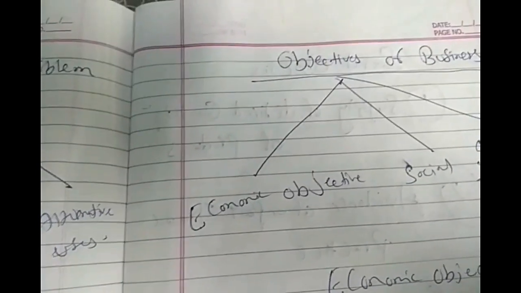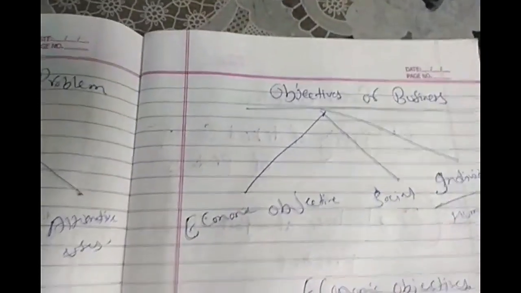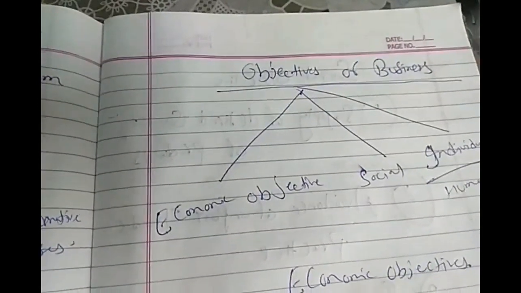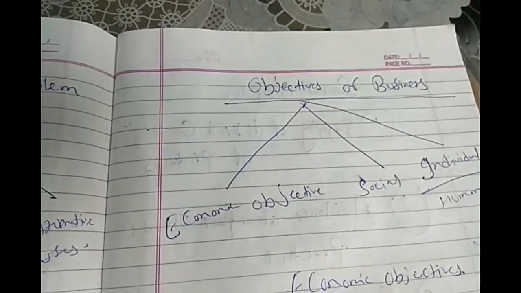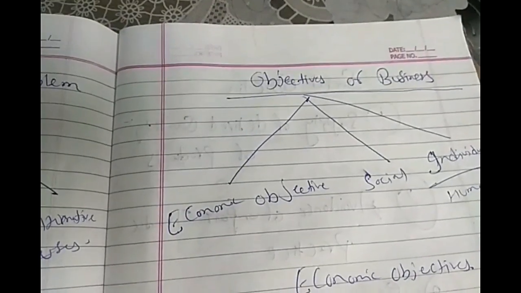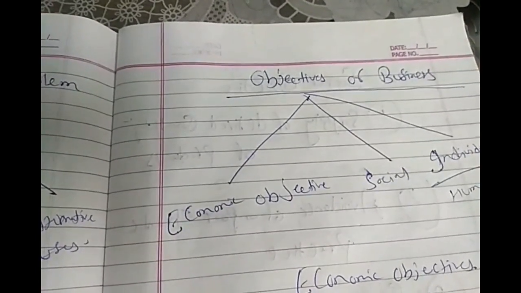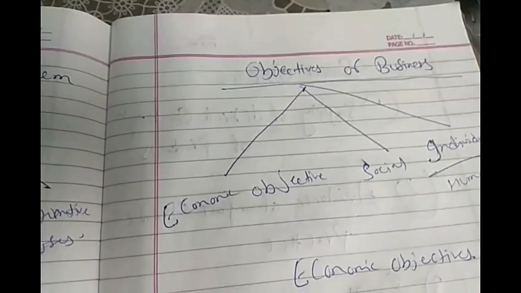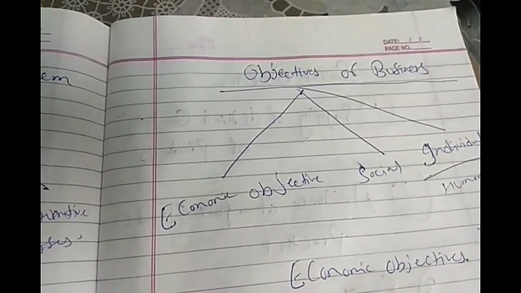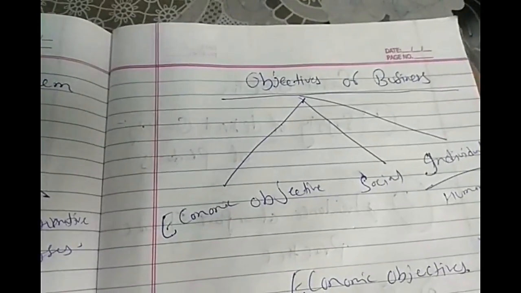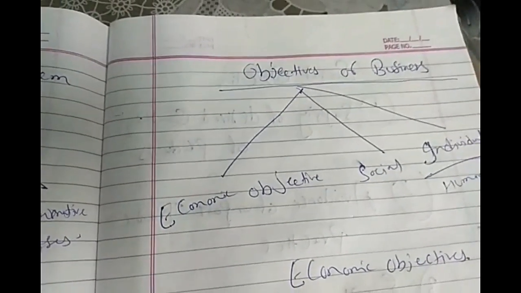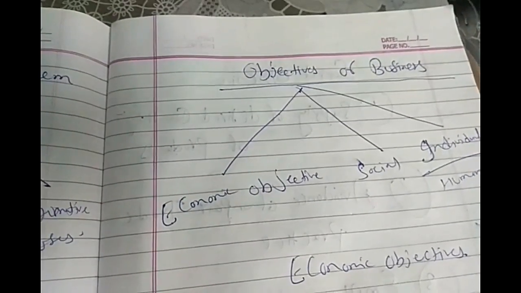But that sole objective was applicable only when businessmen established their business before 1991. After 1991, when the LPG policy was introduced in the market, many economic reforms changed things and many firms joined for producing a particular product.